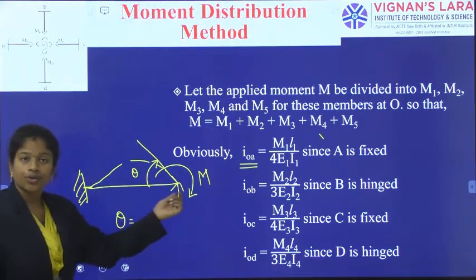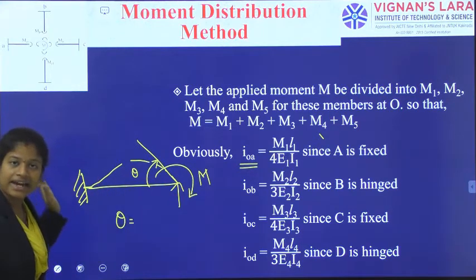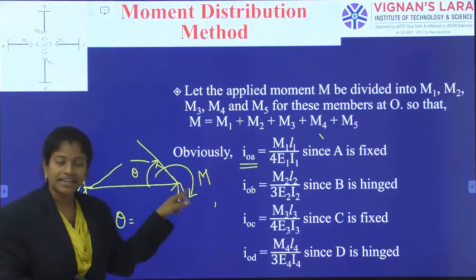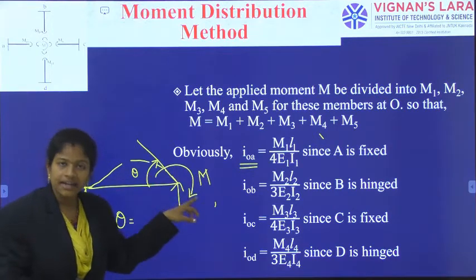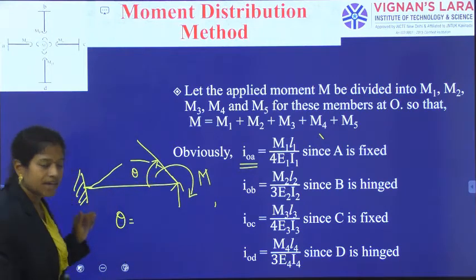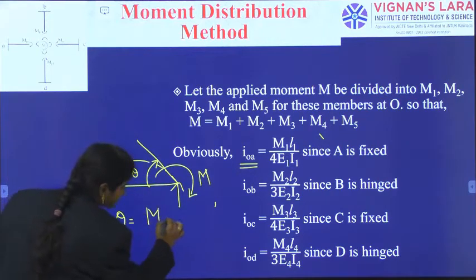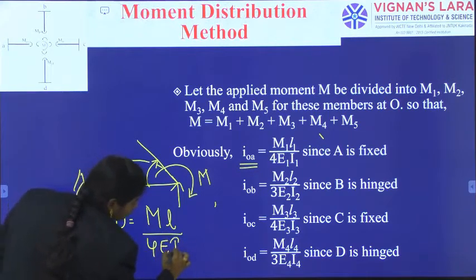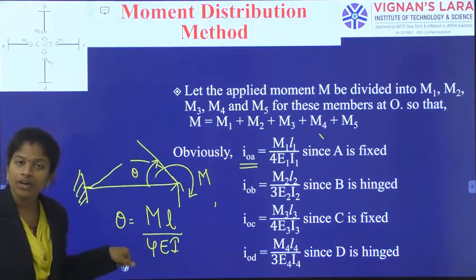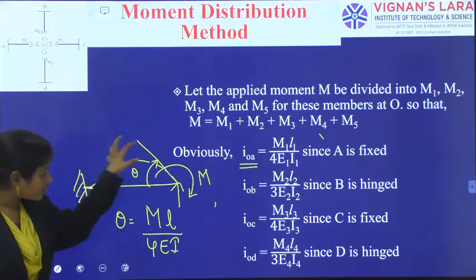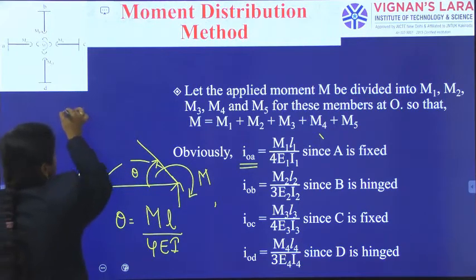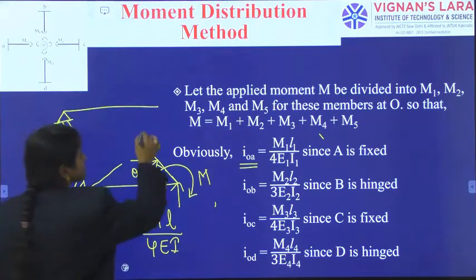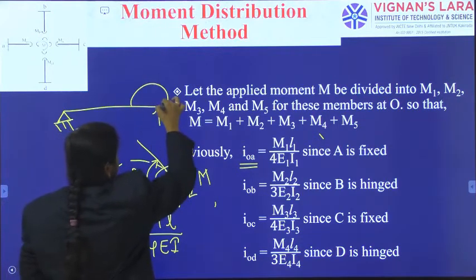The rotation when the farther end is fixed and a clockwise couple M is applied at the nearer end is equal to ML by 4EI.